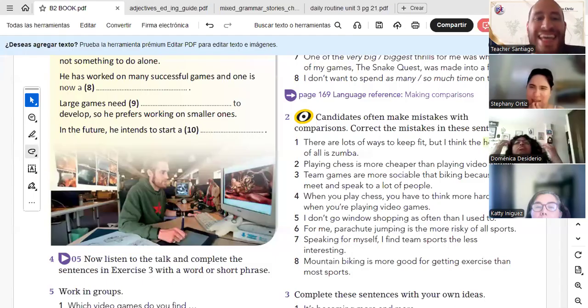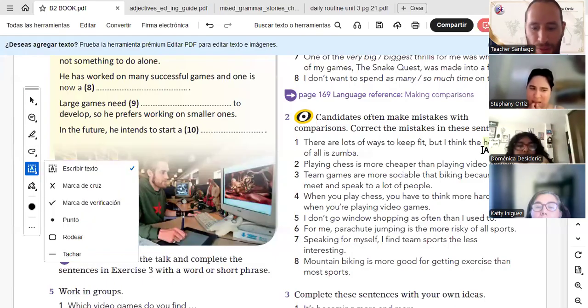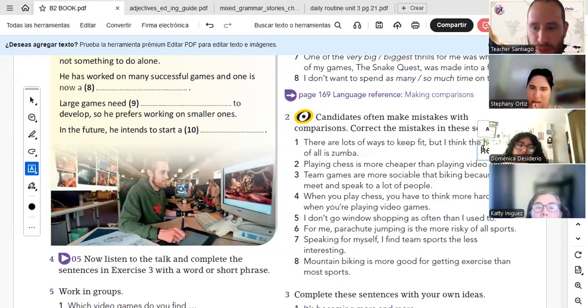Healthiest. The healthiest of all. Healthiest, just one syllable. Health. Healthiest of all is Zumba. Okay, great job. Well done. It's easier than you think.